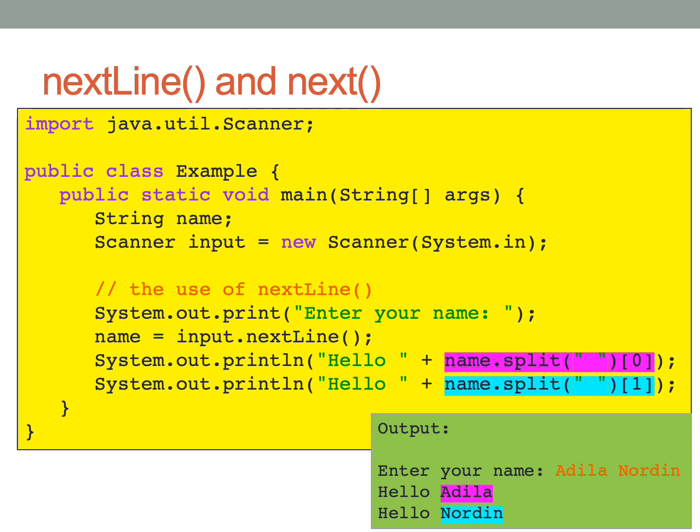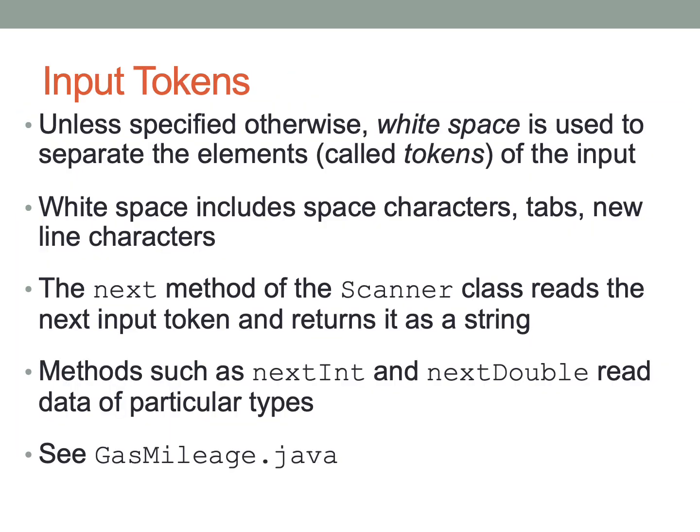This means if I have another println statement, I can have name.split space 1, where it will keep Nordin in index 1. It is really useful to refer to the Java API to know what other methods are available and can be used. Other than nextLine and next methods, we also have methods such as nextInt and nextDouble to read data of particular types.